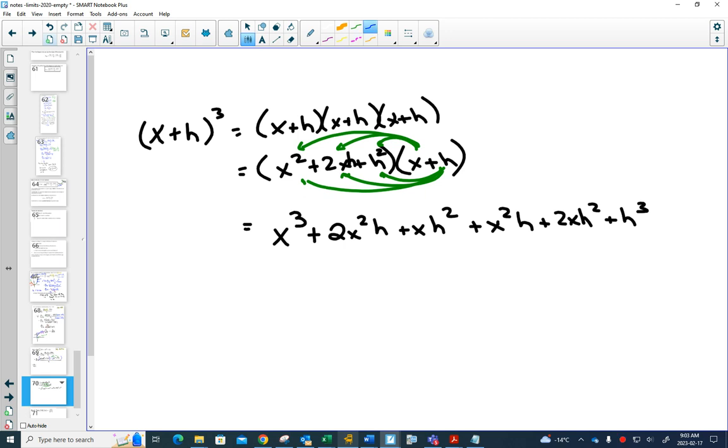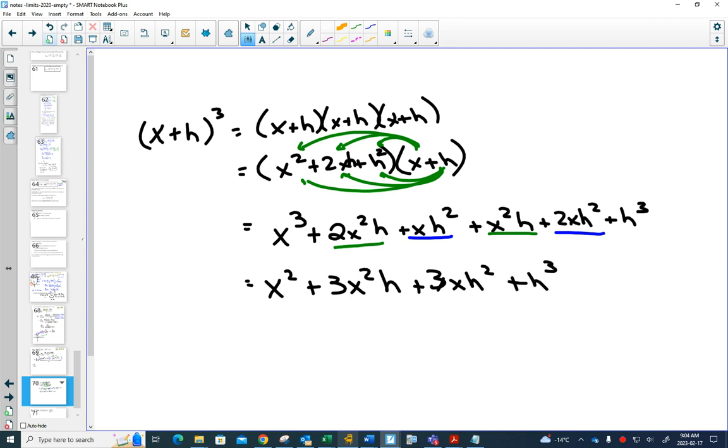Then I would look at this and go, oh, I have some like terms there and some like terms here. I can combine those like terms, and get x cubed plus 3x squared h plus 3xh squared plus h cubed.